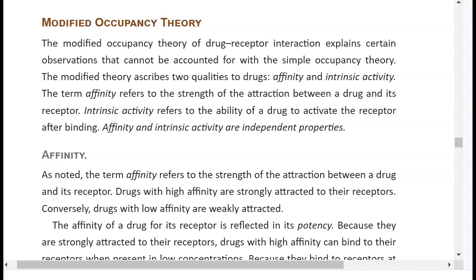Affinity refers to the strength of the attraction between a drug and its receptor. Intrinsic activity refers to the ability of a drug to activate the receptor after binding. We go through this because affinity and intrinsic activity are independent properties of each other.